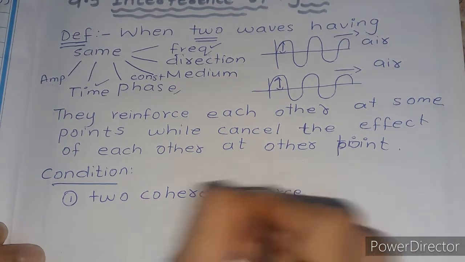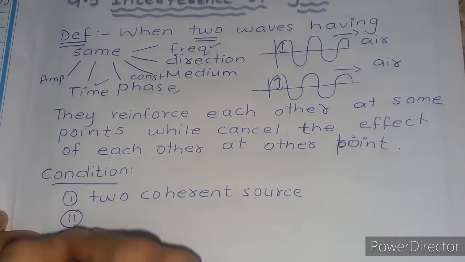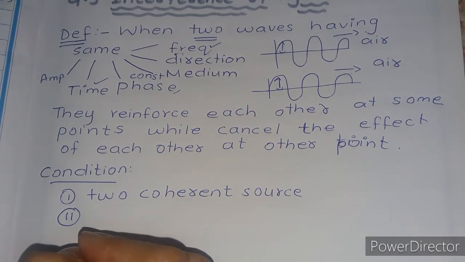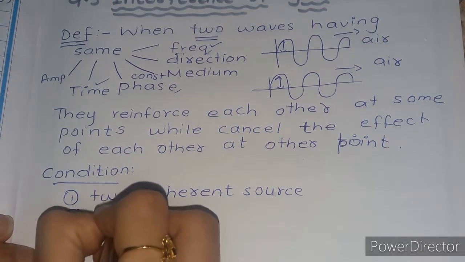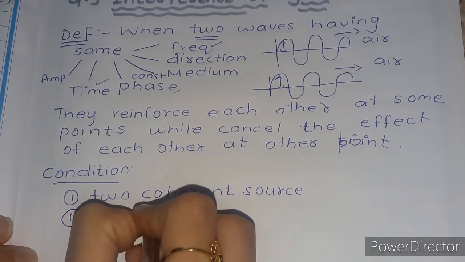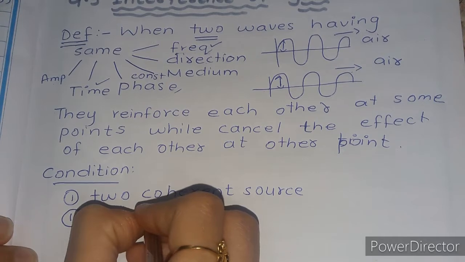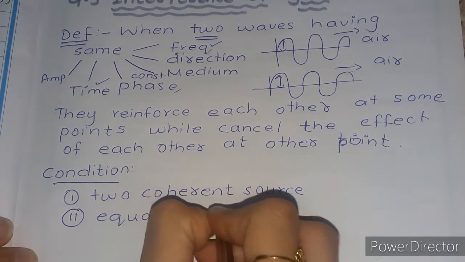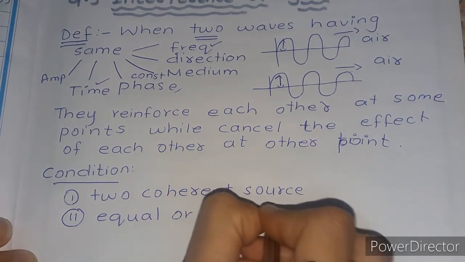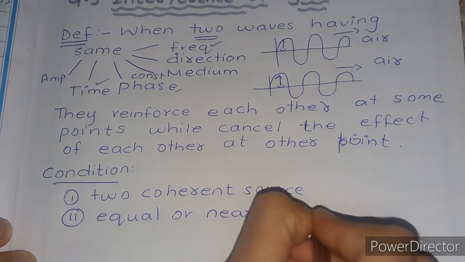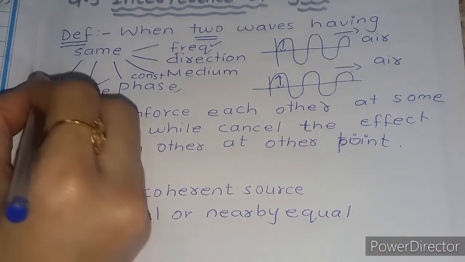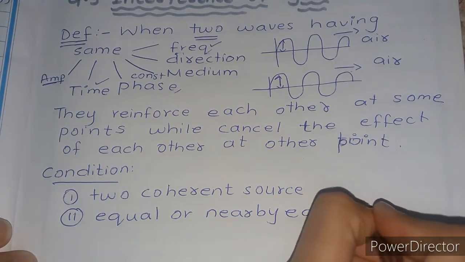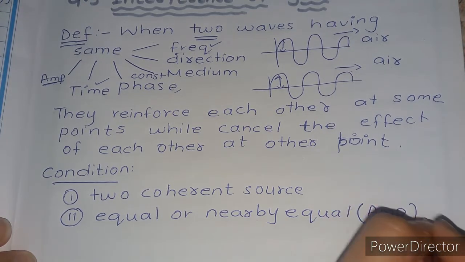The second point is the light must be equal or nearly equal in amplitude. I have already told you, amplitude must be nearly equal.